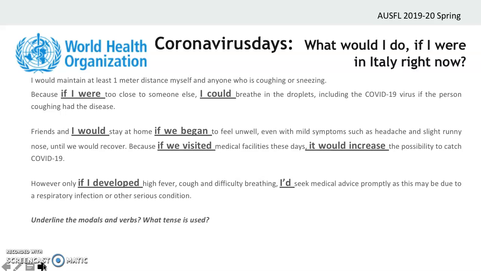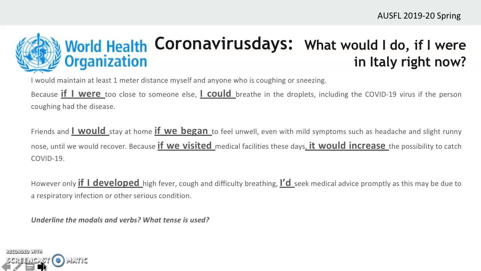And again, in another sentence, I would stay at home if we began to feel unwell. Remember, here we use first would and then began after if, and it's the simple past. Okay, and in the third sentence, if we visited medical facilities, visited is the second form of visit, all right, and after the comma, it would increase the possibility to catch COVID-19.